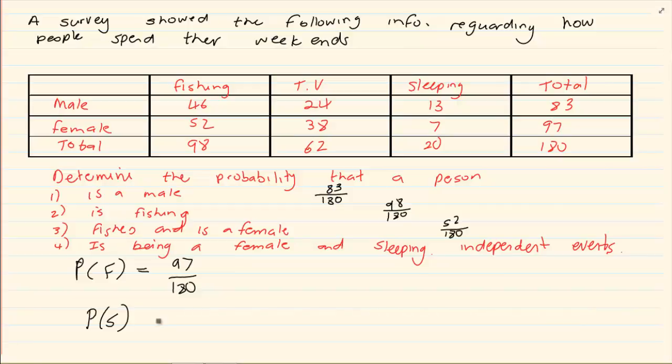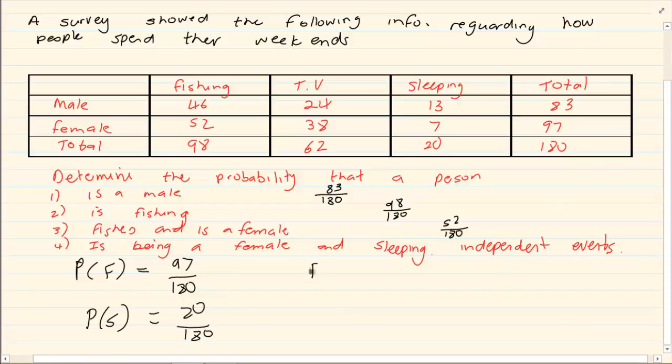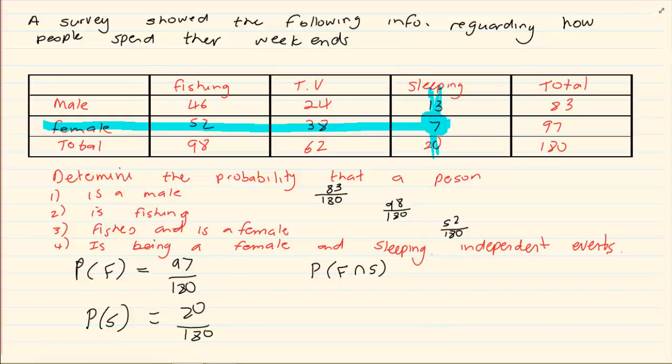So the probability of sleeping is 20 over 180. Now what is the probability of being a female and sleeping? Being a female and sleeping, we are crossing over at 7. So the probability of being a female and sleeping is 7 over 180.